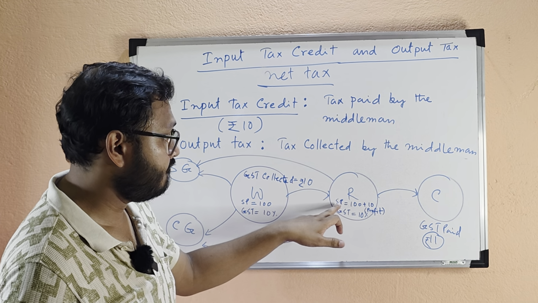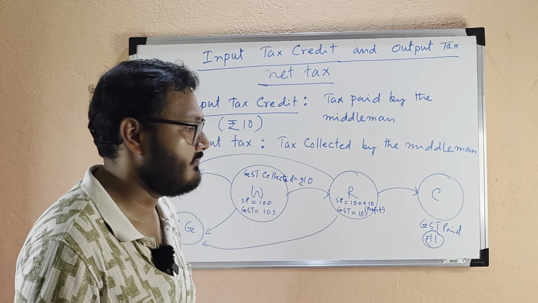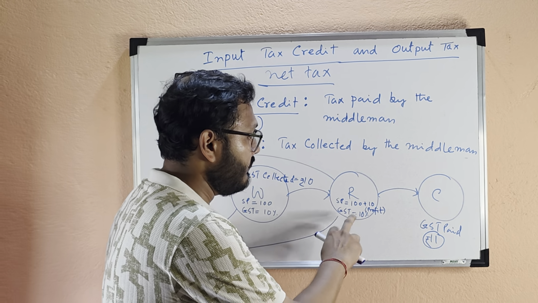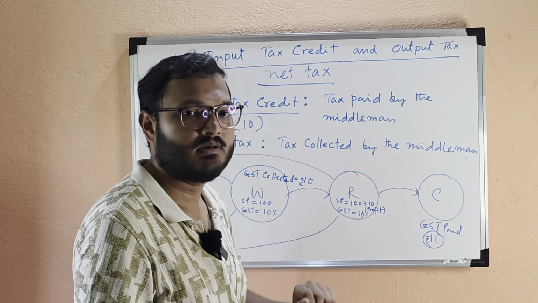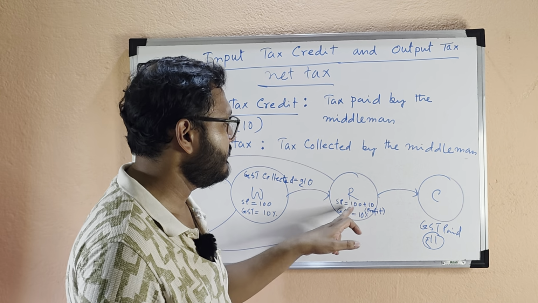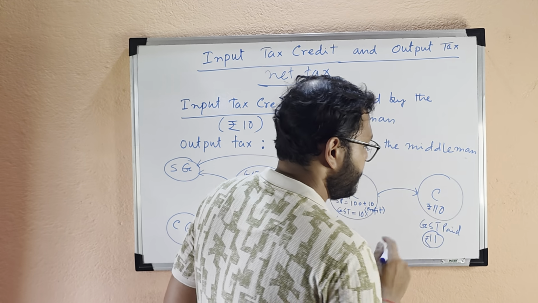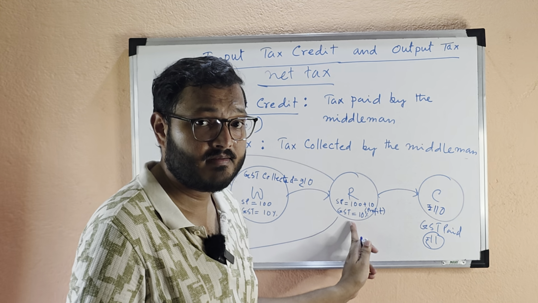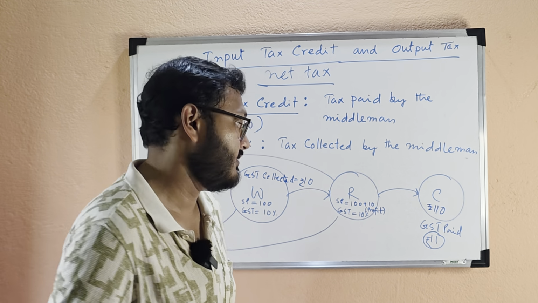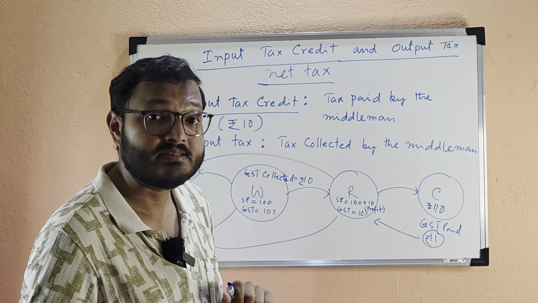Now he already purchased this one. His cost price is 100 rupees and he added some value, meaning a profit of 10%, 10 rupees. So now what is the GST? When the consumer came to buy the article, the price is 110 rupees, and he has to pay GST 10%, and that is 11 rupees. So 11 rupees is collected by the retailer.